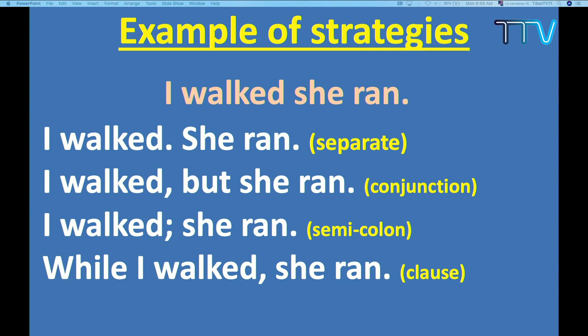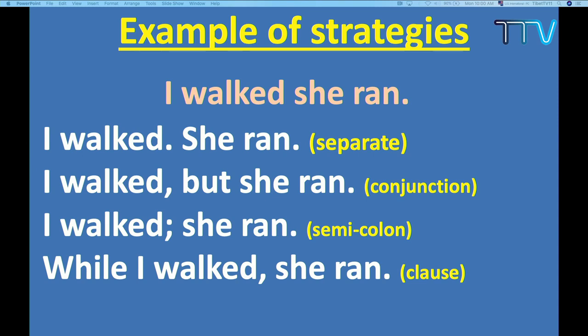Now some say there is no need to use the comma before that conjunction, but most of the time we use a comma. So I walked, comma, and there is a conjunction, so you have to use a comma. But she ran. So that is the conjunction. This is how we correct.